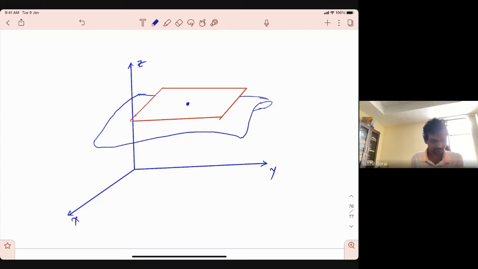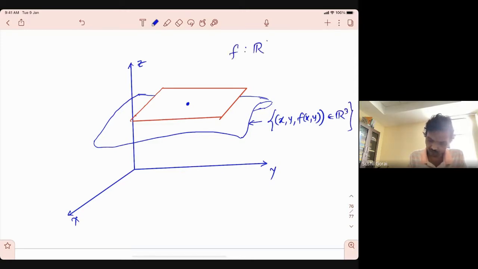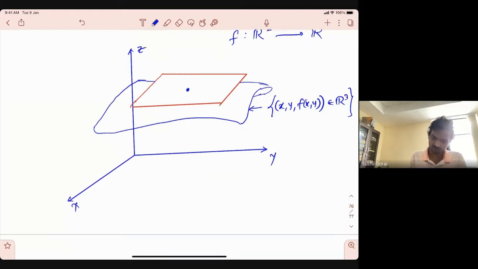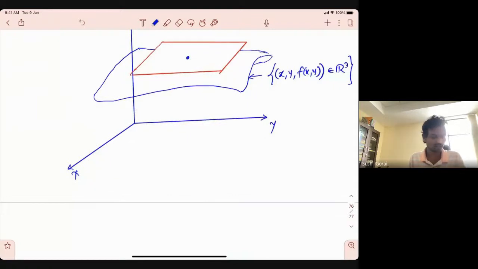This set is nothing but (x, y, f(x, y)) in R3, where f is from R2 to R. You want to find the tangent plane. So what is the equation of a plane in R3?